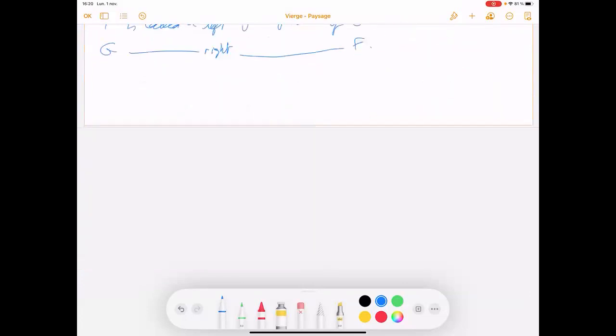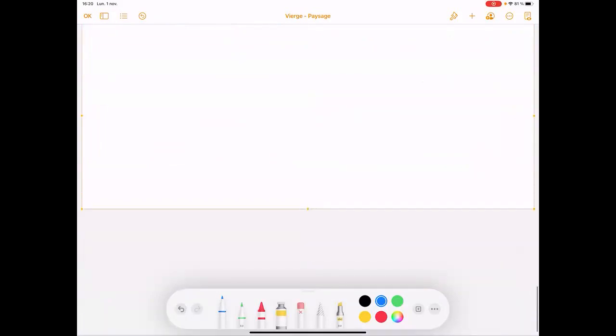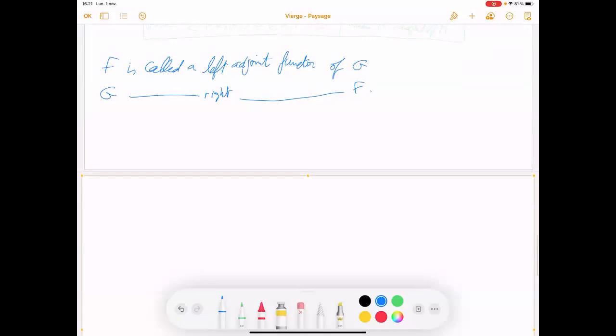Exercise. This exercise will be about the relation with the left and right dual.